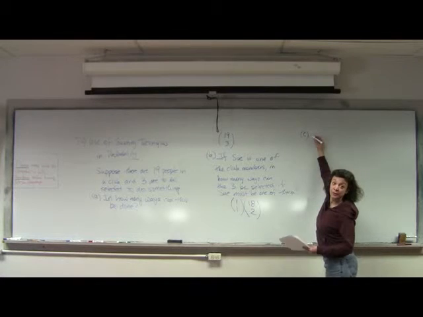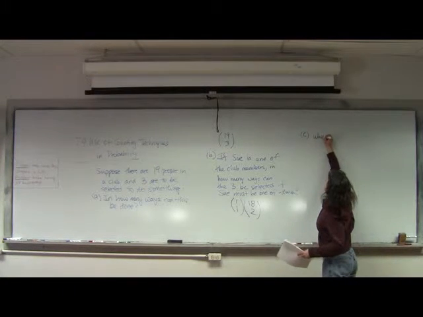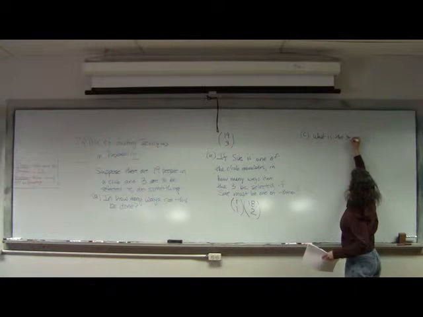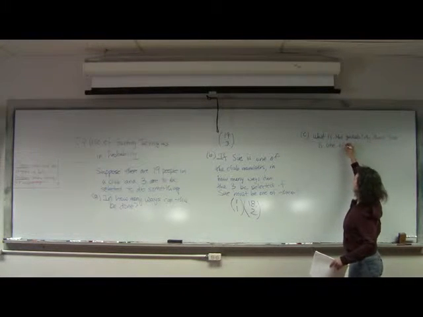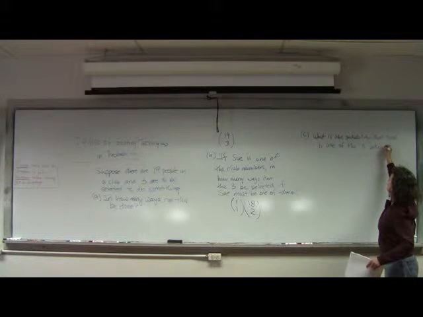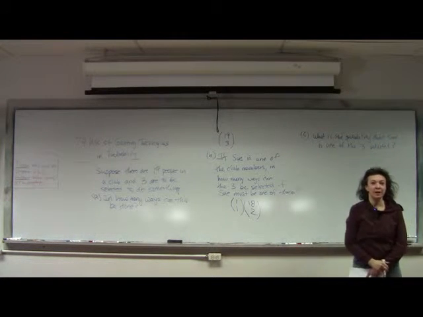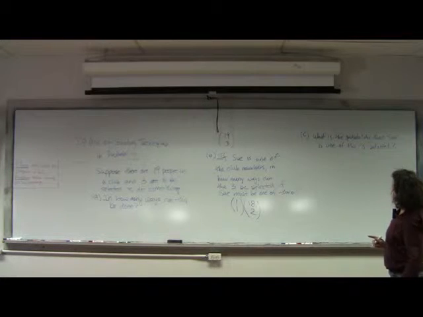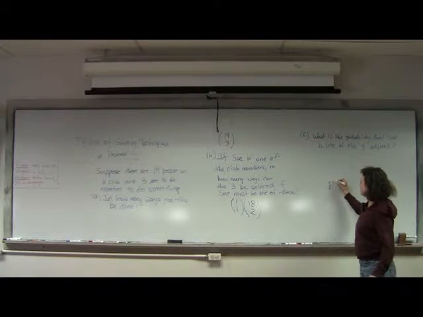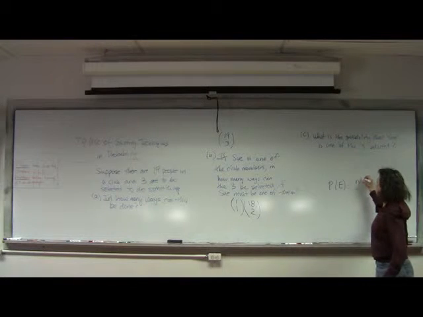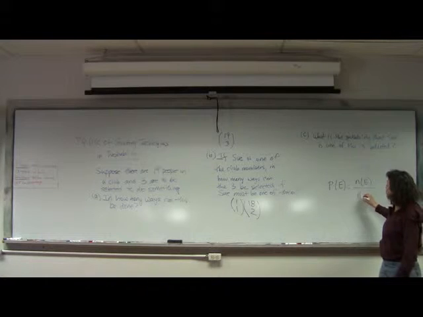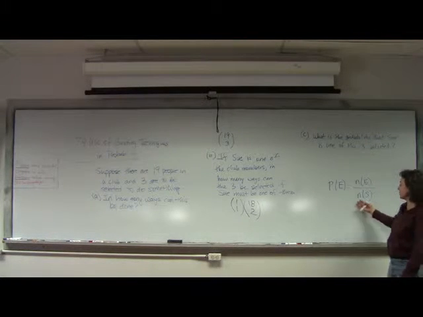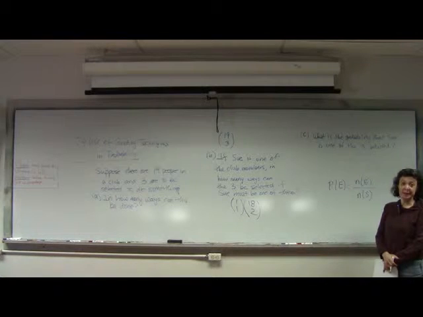Now, let me ask you this. What is the probability that Sue is one of the 3 selected? Okay, now this goes back to something that, remember, the probability of an event is the number of elements in that event, in other words, the number of ways it can happen, divided by the total number of ways that the 3 people can be selected.